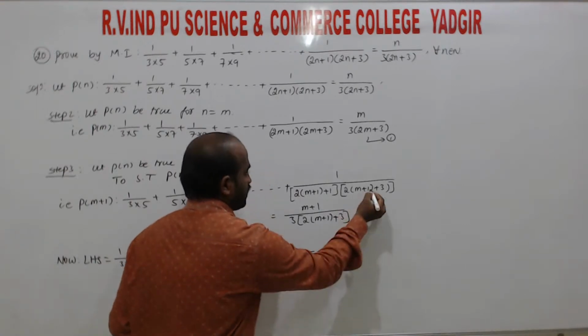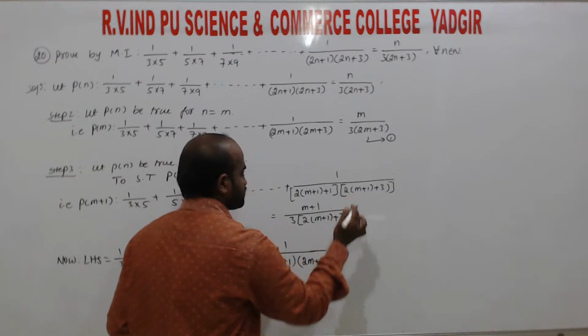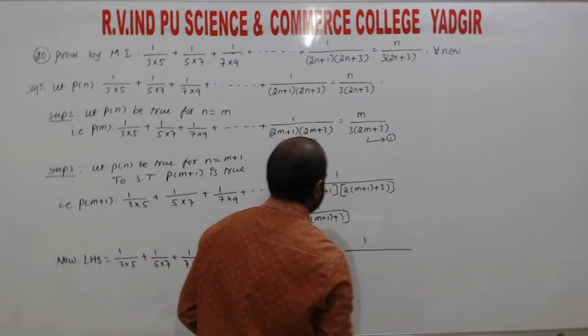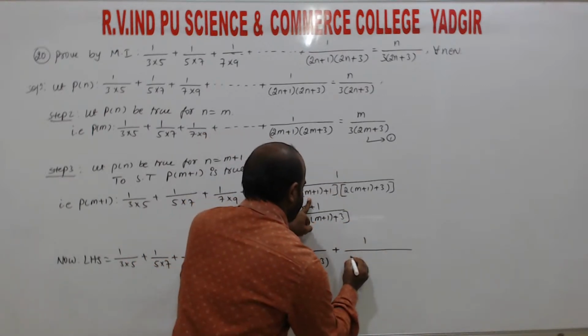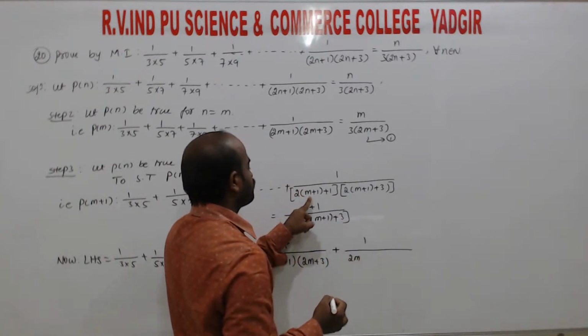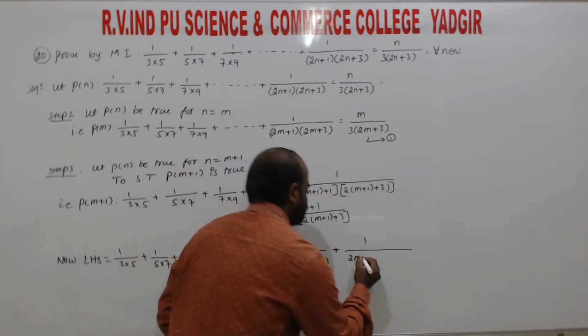Next, this step as it is: 2×m is 2m, 2×1 is 2, 2+1 is 3.